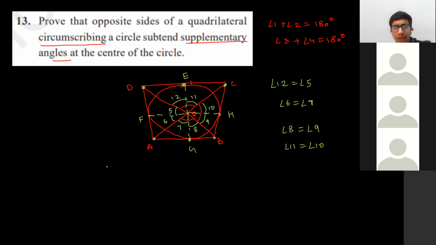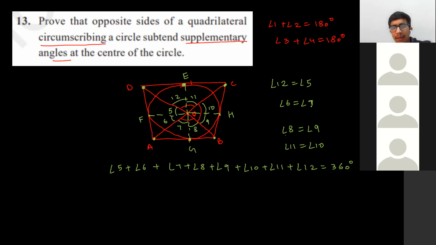Right? Also, I know that angle 5 plus angle 6 plus angle 7 plus angle 8 plus angle 9 plus angle 10 plus angle 11 plus angle 12 sum up to 360 degrees. Yes or no? Okay. So angle 8 is equal to angle 9.